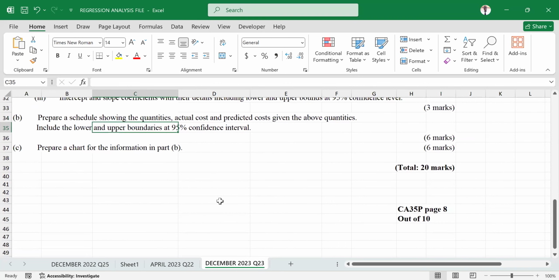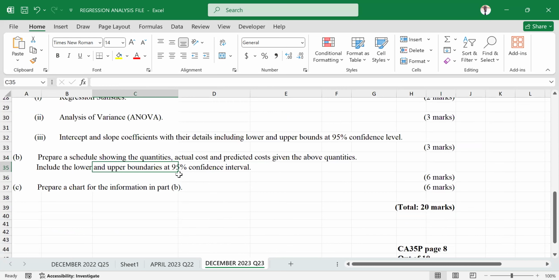Then using a chart to represent the information in B above, where you have quantity, actual cost, and predicted cost. You just need to know what we are doing. What is regression? Regression is about cost estimation. When you estimate your costs by running that regression analysis and you have your output with your intercept and the variables given there, you are able to come up with your new cost function.